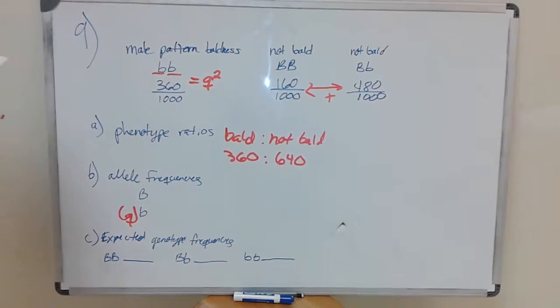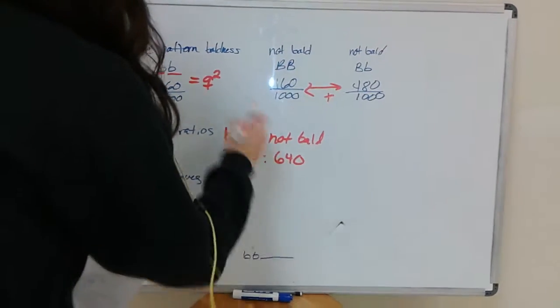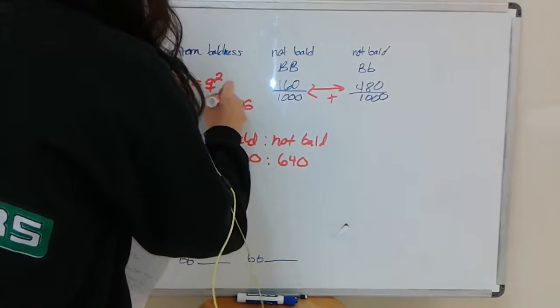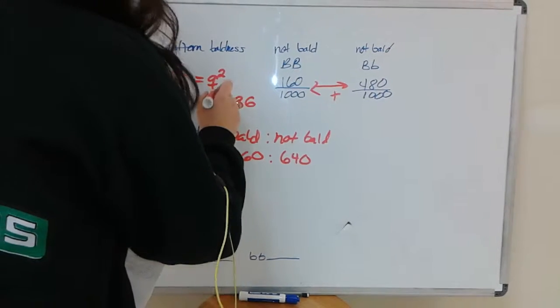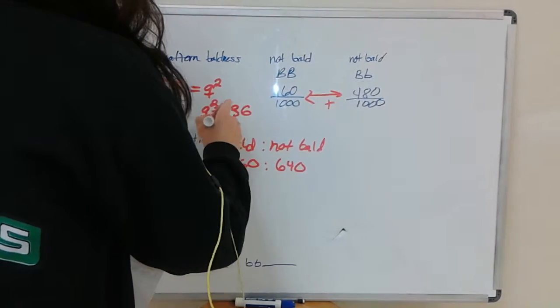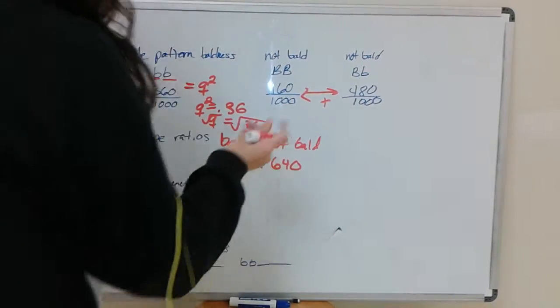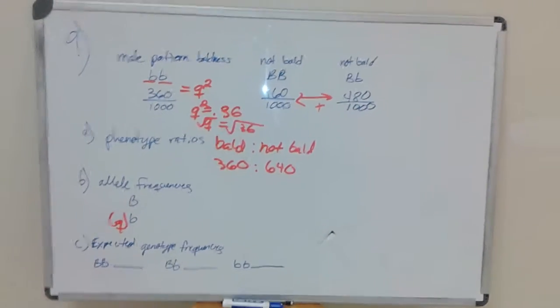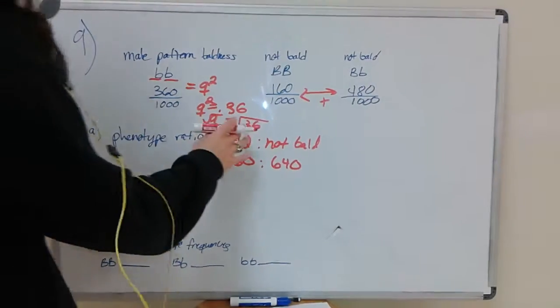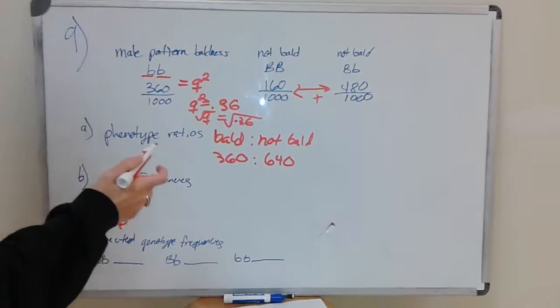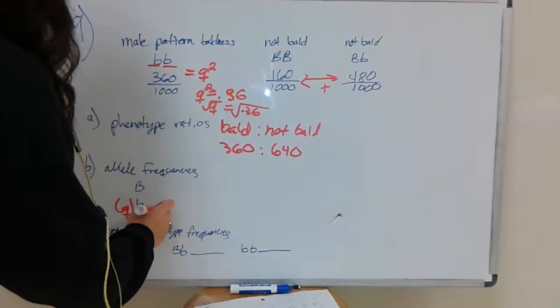So in that case, it would be 0.36. 0.36 equals q squared. We take the square root of that, and what we're left with is that q equals 0.6.